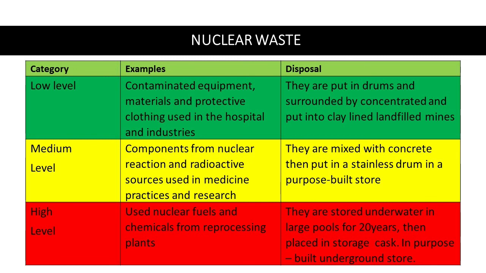So how do you manage nuclear waste? For low levels of nuclear waste such as contaminated equipment, materials, and protective clothing used in hospitals and industries, you need to put the contaminated equipment in a drum, surrounded by concrete, and put it in a clay-lined landfill.